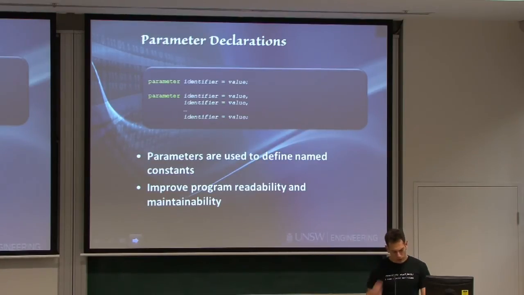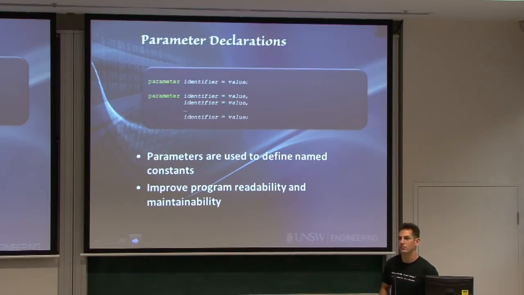Now, there's a few reasons why you might want to use parameters. Essentially, parameters, paralleling it with C, are the same thing as using a const value or a hash-defined value. We use it to avoid hard-coding magic numbers into our code. It would be bad programming practice if you just program magic numbers and have statements like, if x equals 42, then do something.